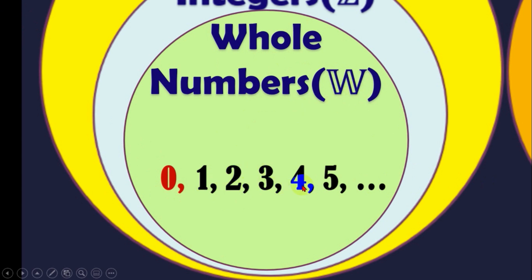Now, si 1, 2, 3, 4, 5, sabi natin kanina, it's a natural number or counting numbers. Ngayon, ang mga whole numbers naman natin ay ganun din. Si counting numbers kasama plus si 0. Pero si 0, it is not a counting number.